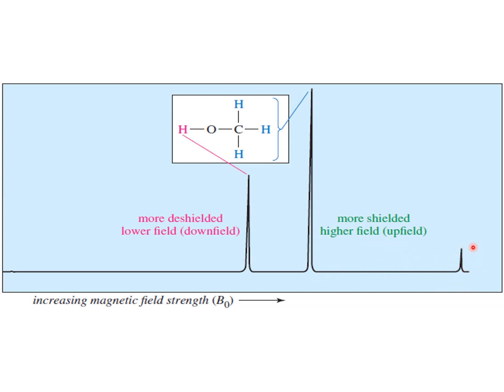TMS is the reference which we use. This I will explain in my incoming video. More de-shielded protons appear at lower field, or we call it downfield. So shielded protons will be near TMS, while de-shielded protons will be away from TMS, which is used as a reference in NMR spectra.